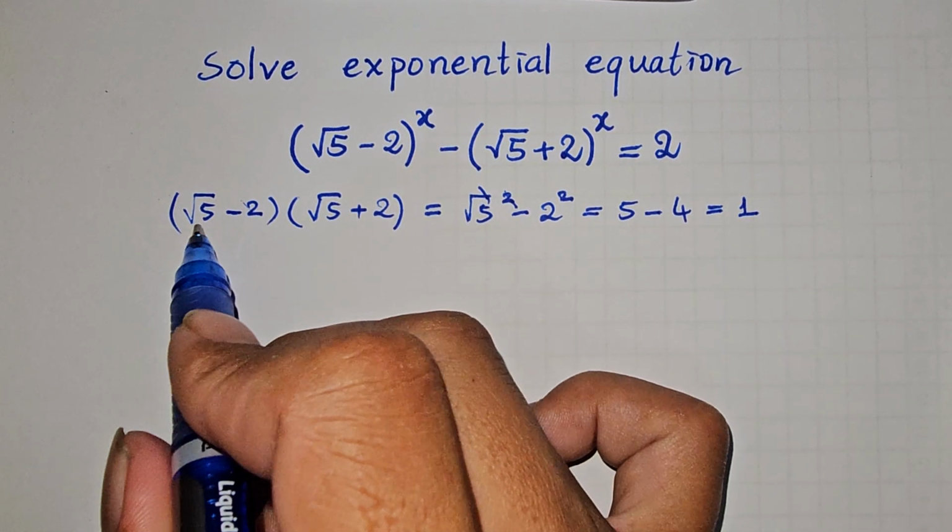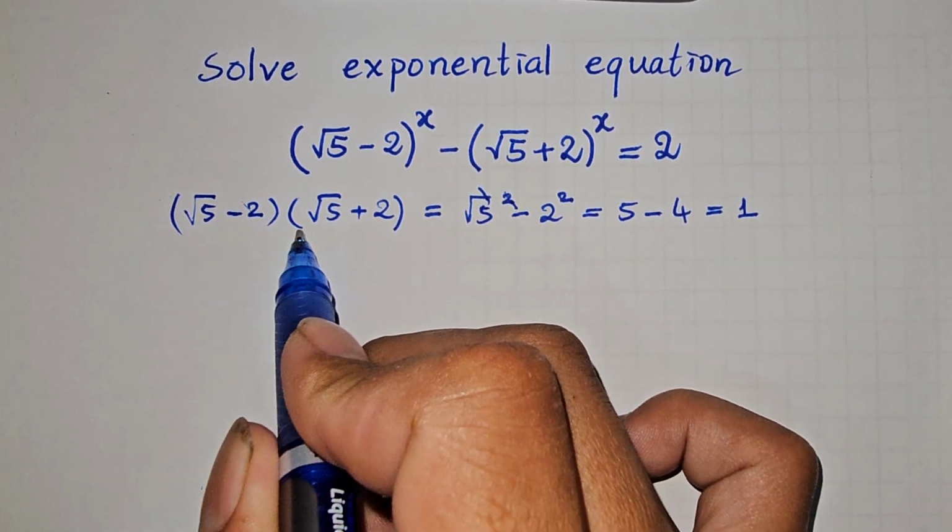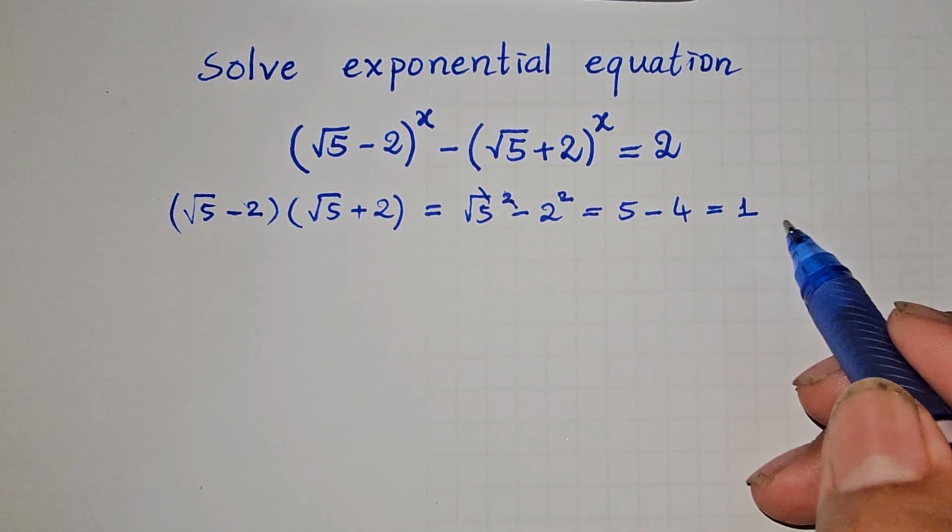So now we get (square root 5 minus 2) times (square root 5 plus 2) equals 1.